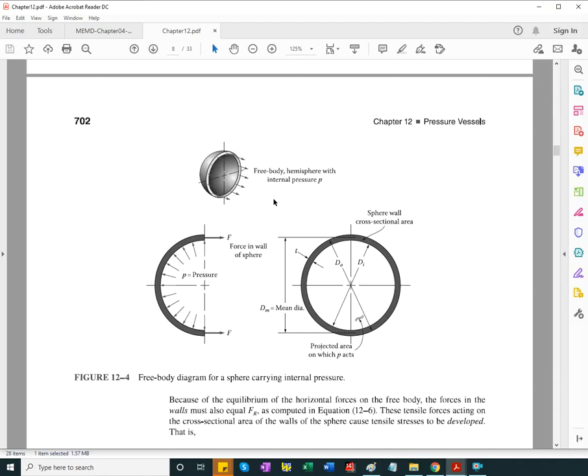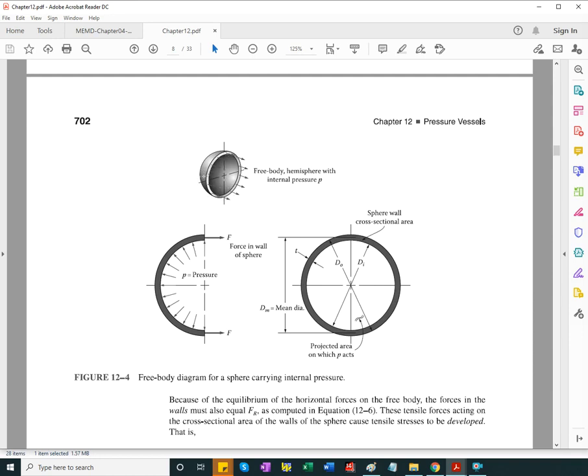So collecting the pressure over the projected area, which is the inside diameter squared over 4 times pi, that's the projected area, and you multiply by pressure, it gets you the force that is needed to hold the 2 half spheres together.